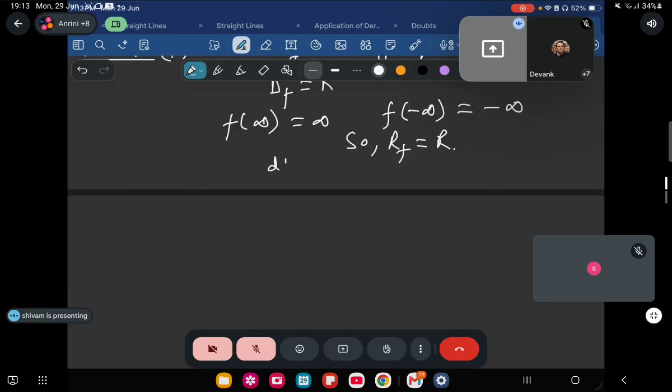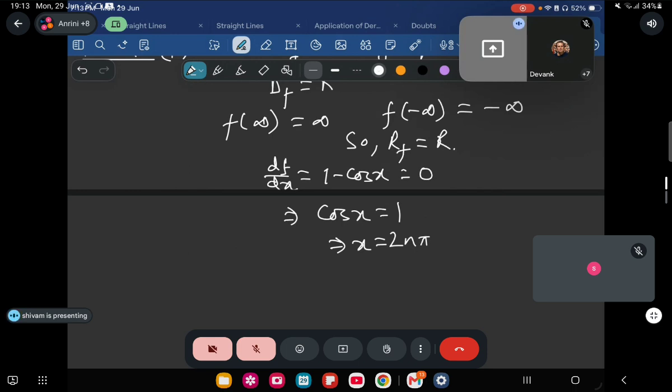What is the derivative? Derivative is equal to 1 minus cos x. If you put it equal to 0, where is cos x equal to 1? Tell me, everyone. Where is cos x equal to 1? So 0. Only at 2n pi, right?